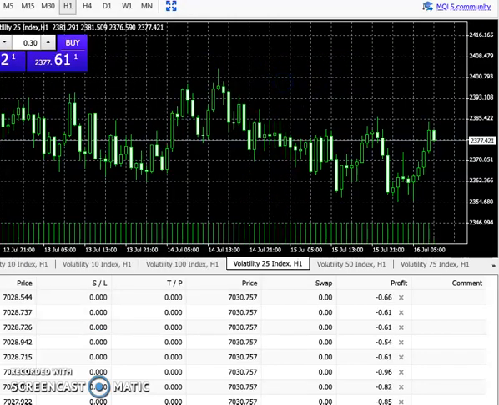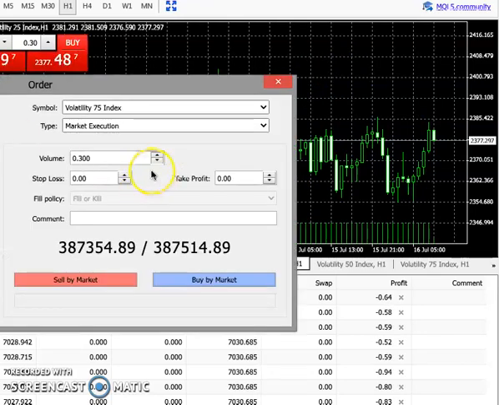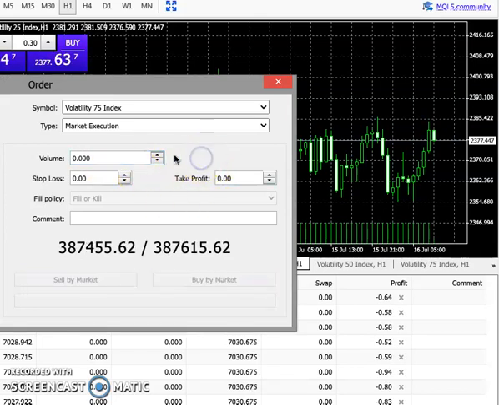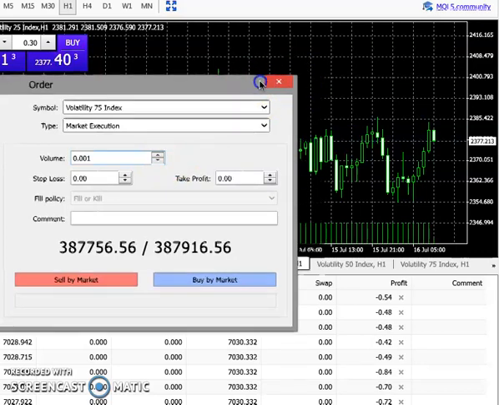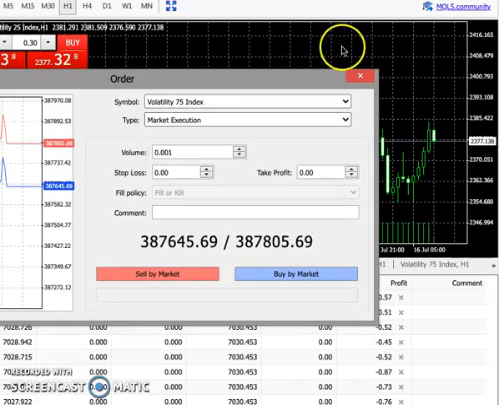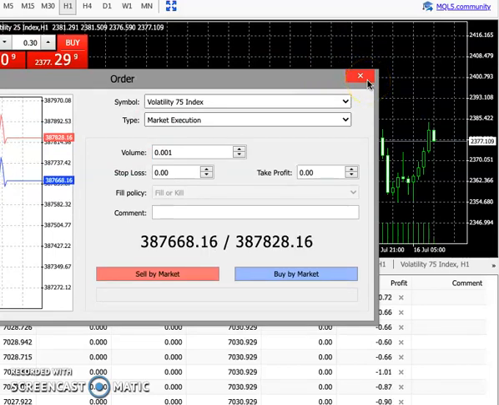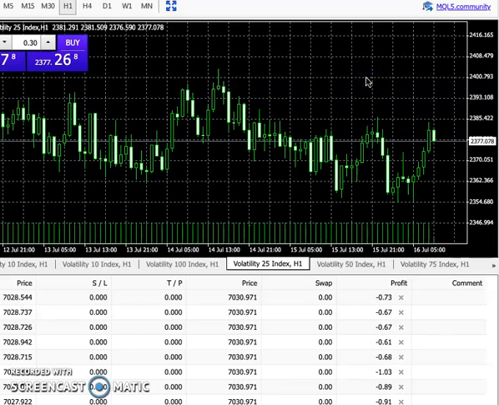If you go to VIX 75, the lowest lot for VIX 75 is 0.001. But as you can see, VIX 75 is way bigger than the other VIXs. With V100, you will be able to trade with $10.